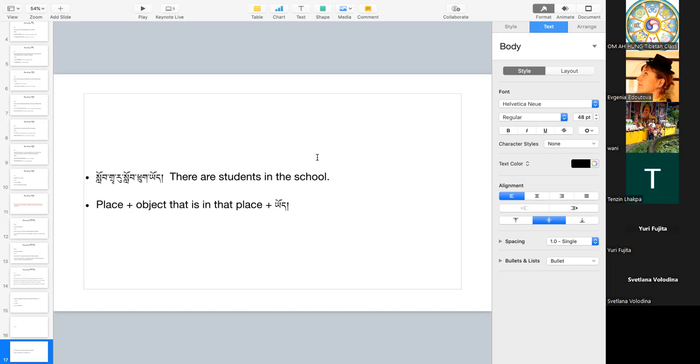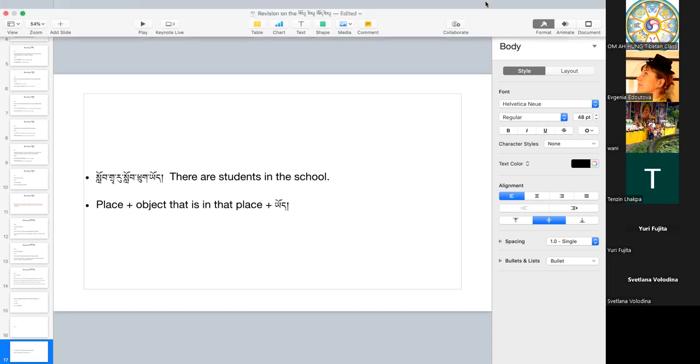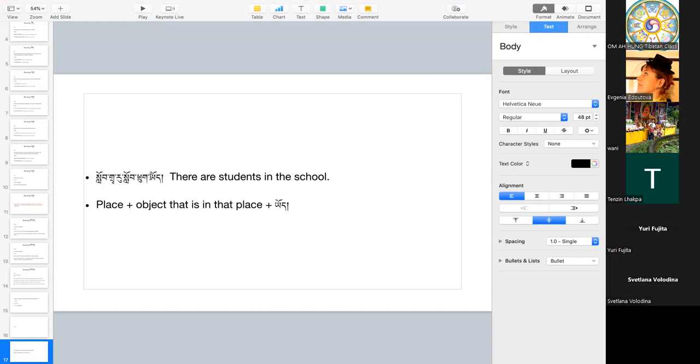But then, let me even clear this more. Sometimes we also use this particular word, num, which makes it plural, isn't it? So lobtunam means the students as a plural. So this can also make it plural.